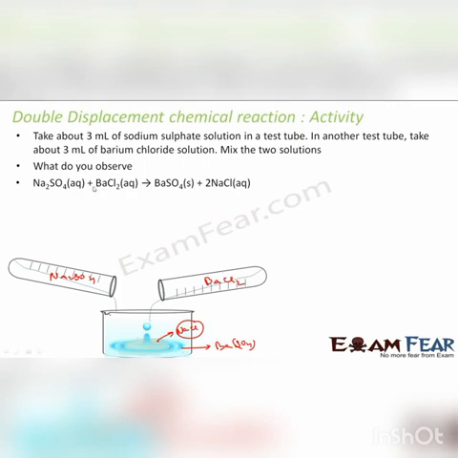And this is the reaction that happens. Na2SO4 plus BaCl2 gives BaSO4 plus NaCl. In this case, sodium and chlorine form a pair, correct? They got NaCl. And the sulfate and barium form a pair, giving barium sulfate. And that's what happened. So this is one of the activities to observe this double displacement chemical reaction.